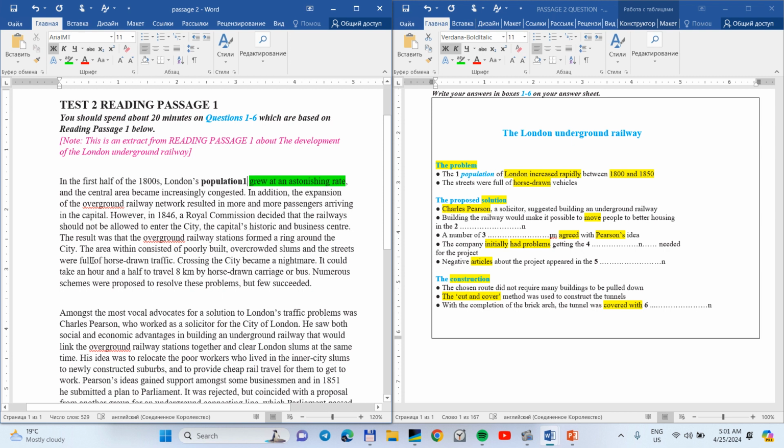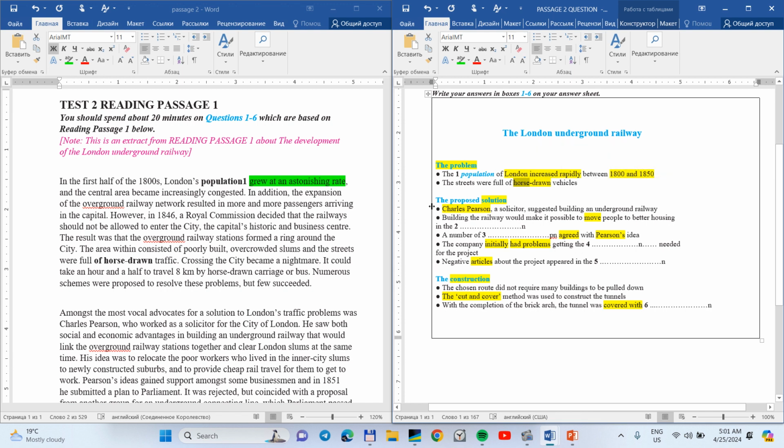And the area within consisted of fully built or crowded slums and streets full of horse-drawn traffic. Yes, we have here the word horse-drawn. Crossing the city became a nightmare.